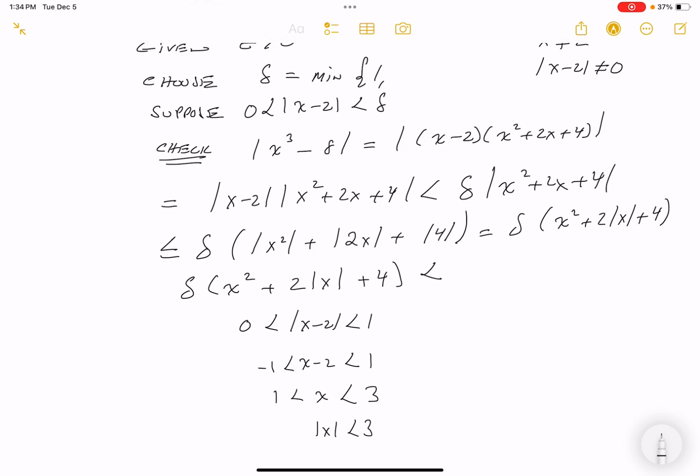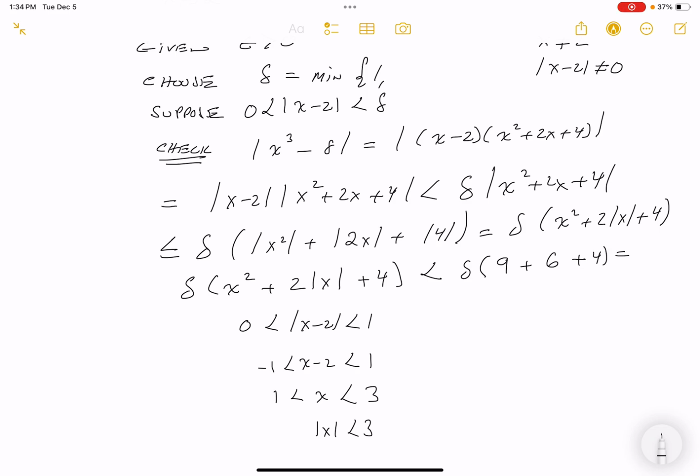Let's think about it. You've got the delta. And for the x squared, the most it could be is 9. It's going to be less than 9, by the way, so that's pretty safe to say. Then 2 times the absolute value of x, with 3 as the bound, gives 6, and then 4.